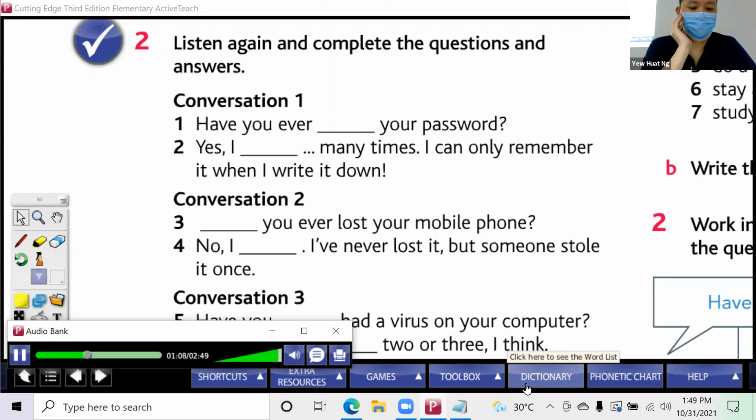Where's my phone? I don't know. It was in your bag, wasn't it? Oh, here it is. It's terrible not knowing where your phone is. I really lost it last summer when I was on holiday. It was awful. Have you ever lost your mobile phone? No, I haven't. I've never lost it. But someone stole it once.